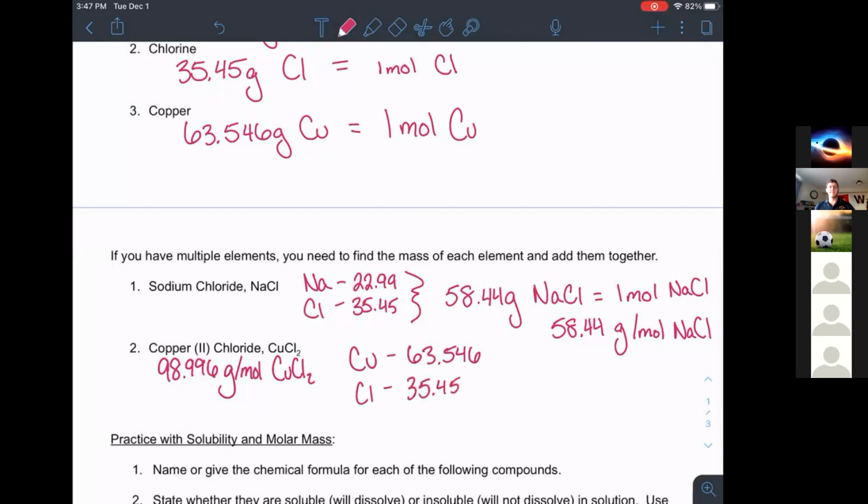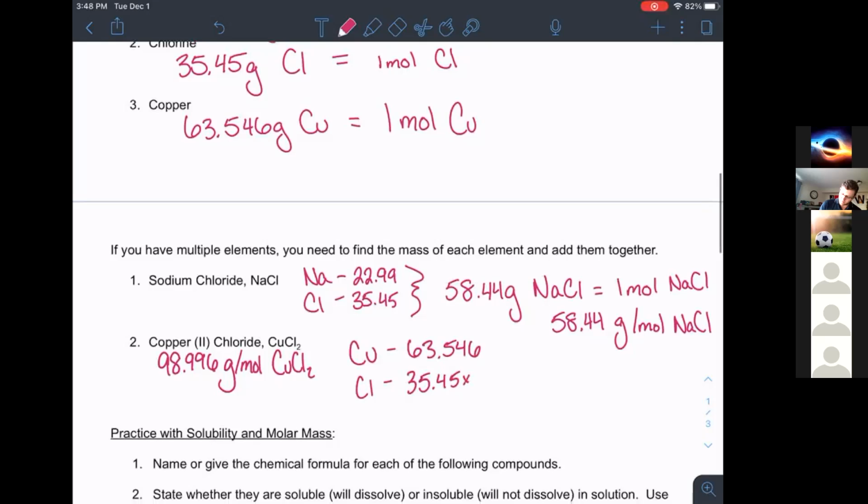But because in sodium chloride we have one sodium and one chlorine, we just added them together. I tricked you because this time I gave you 2 chlorines and only 1 copper. So if we're finding the molar mass of copper 2 chloride, we actually have to multiply the chlorine by 2 because we have 2 chlorines in this compound.